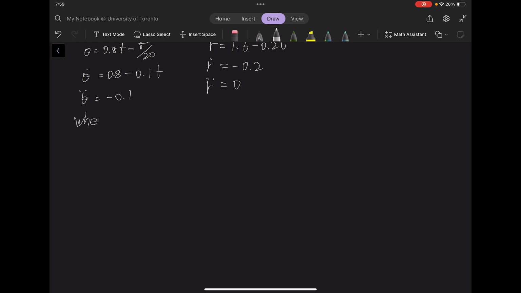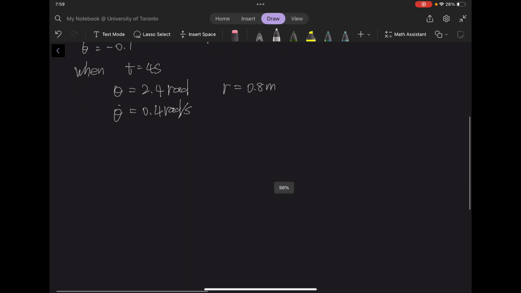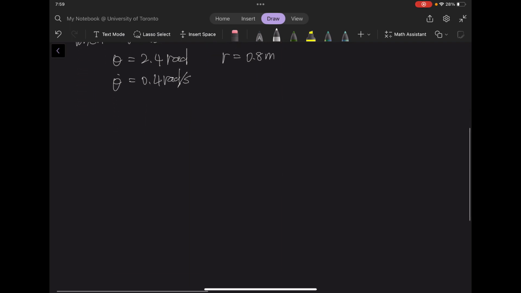When t is equal to 4 seconds, we have theta is equal to 2.4 radian. Angular velocity is equal to 0.4 radian per second. And r is equal to 0.8 meter. So this question is very suitable for the polar coordination.